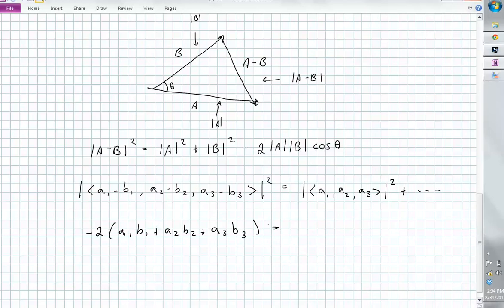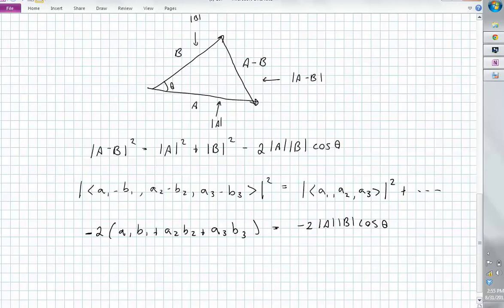And on the right-hand side, what's left? Yeah? What are you itching to do right now? Cancel the 2. And what's another way of writing this thing?